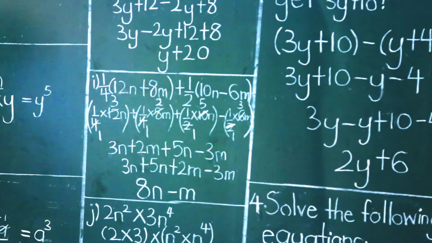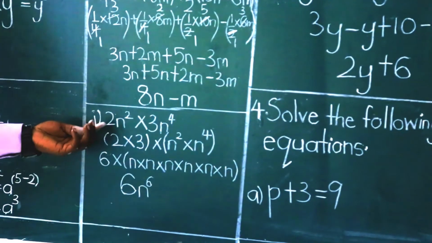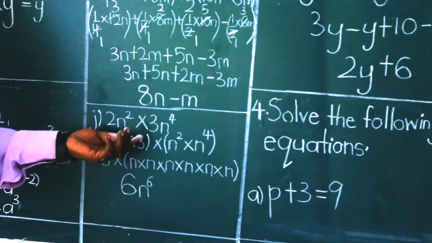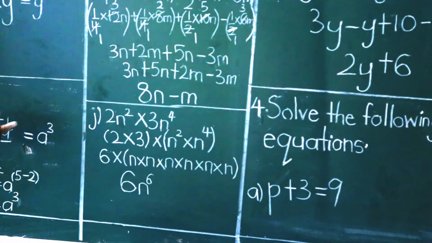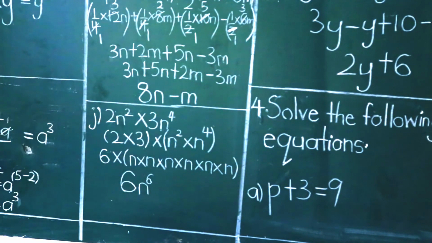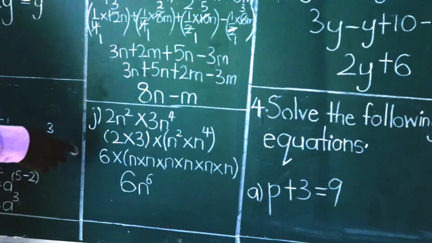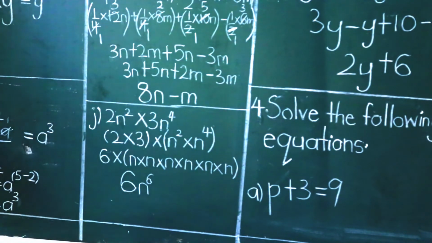Then go to number 1, part J, which tells us to still simplify 2n squared times 3n index 4. 2n squared times 3n index 4. Here, first look at the digits themselves, that's 2 and 3 multiplied, and then n squared and n index 4 multiplied.